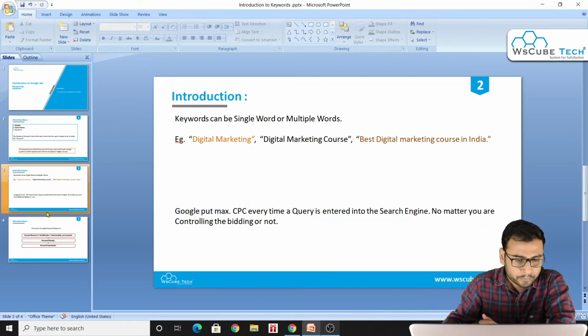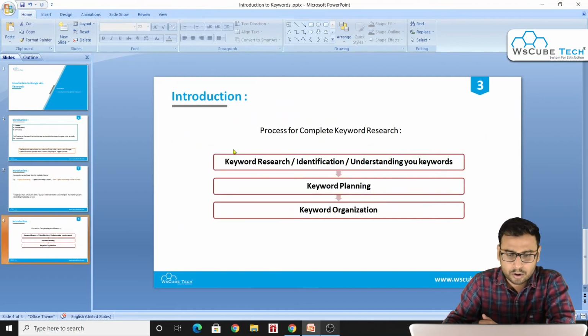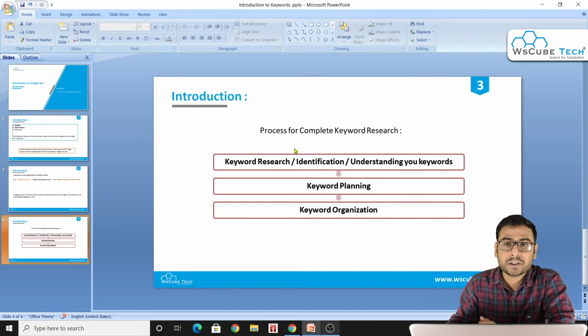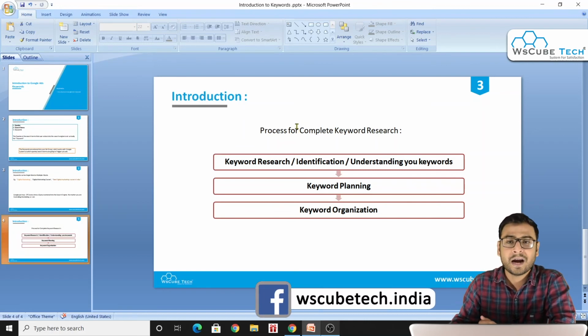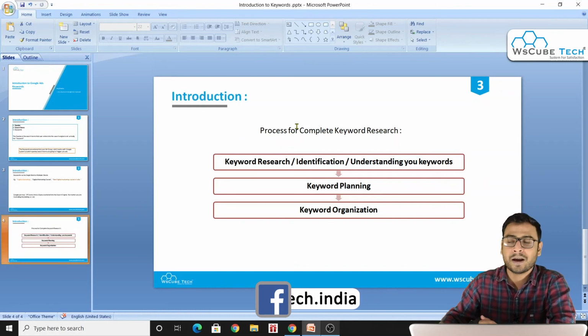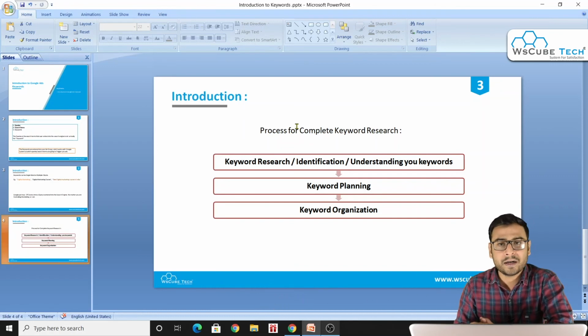Then here is the process for the complete keyword research that we are going to do in the next few videos. First of all, we have to do the keyword research. We have to understand our business first, what kind of queries people are making with respect to the services that we provide, and then map our keywords. We have to use different keyword planning tools, different keyword research tools, and Google's resources to identify what kind of queries people make while searching or researching products of our kind.